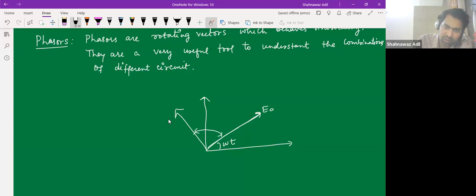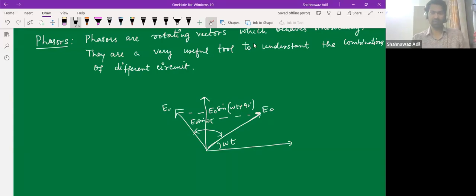So this would be E naught sine of omega t plus 90, right? This one is E naught sine omega t.